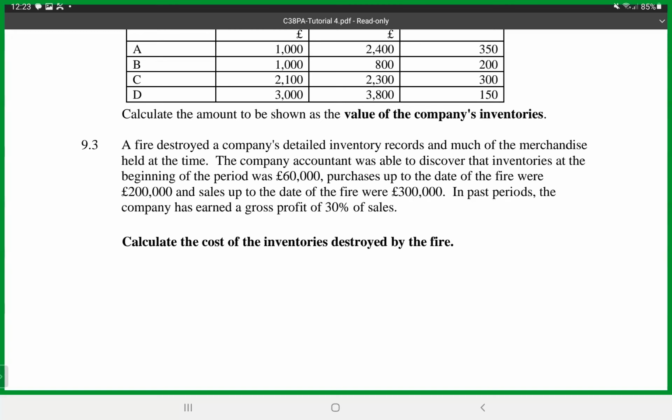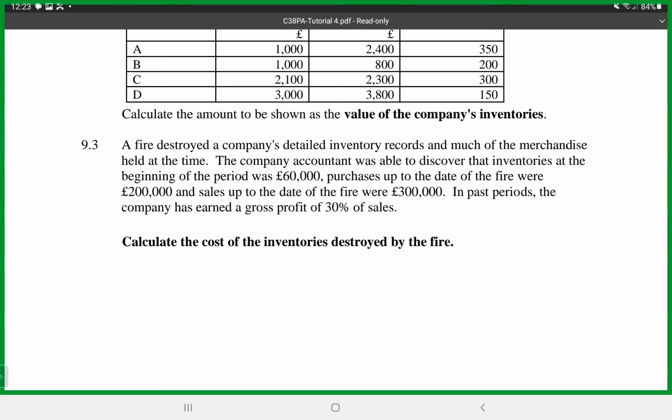Anyways, thank you so much for that. So what we need is to cost the inventory that was there at the end of the period. This fire did not hit at the start of the period. They would not have had time to start selling. It was at the end.